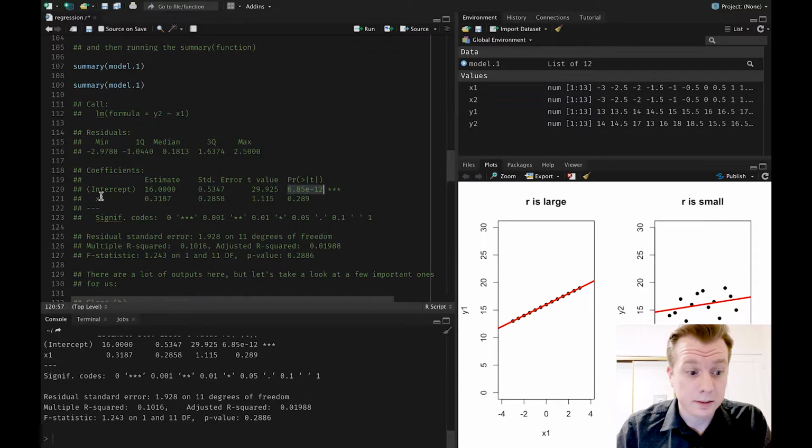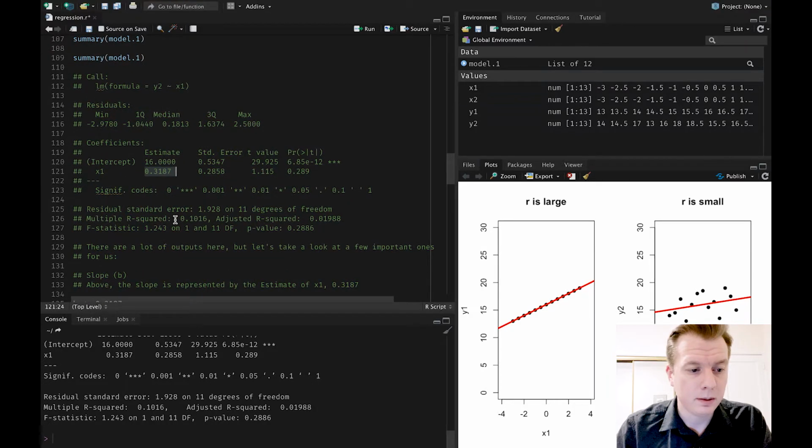What's really interesting here is our x1, because what this is giving us is our slope. Is our slope significantly different from 0? Our slope, or our b, is 0.3187.